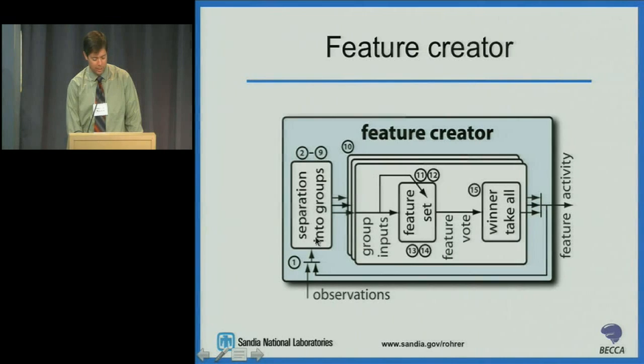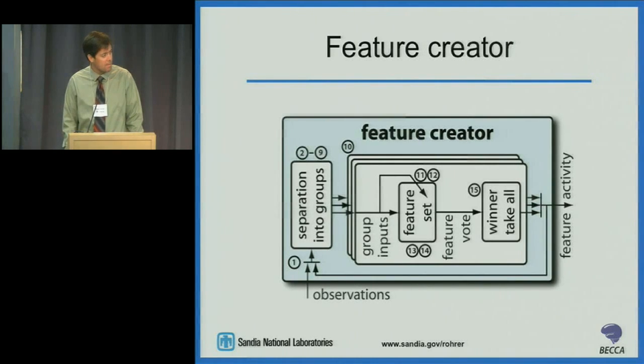The feature creator takes in observations and separates the input vector into groups, so into subspaces. And it does that based on inputs' correlation with each other. So inputs that tend to be correlated are broken down into subgroups of inputs. And then within each of those groups, commonly observed features or commonly observed patterns are defined as features.